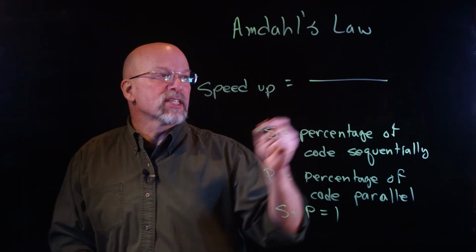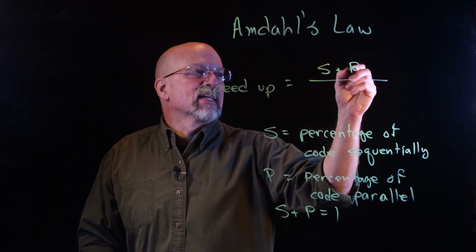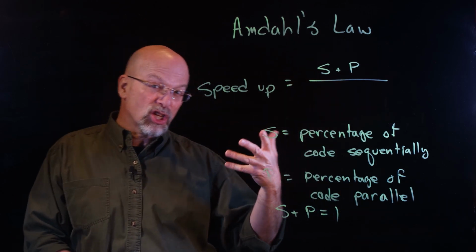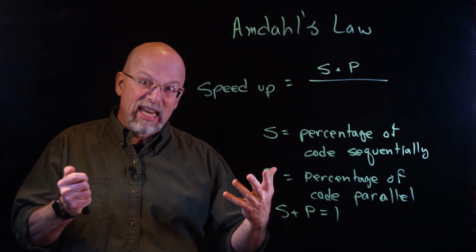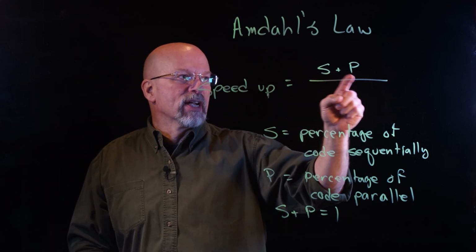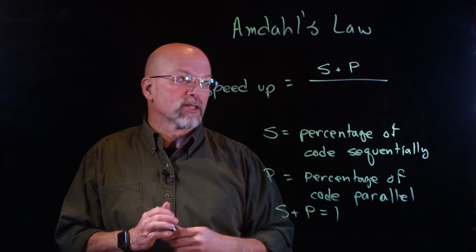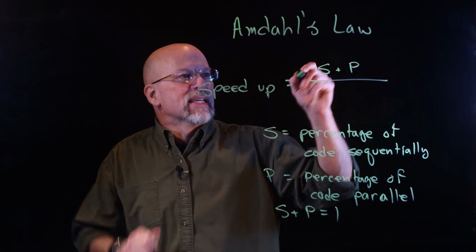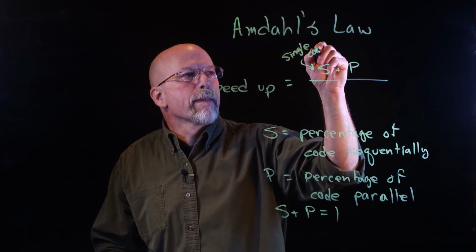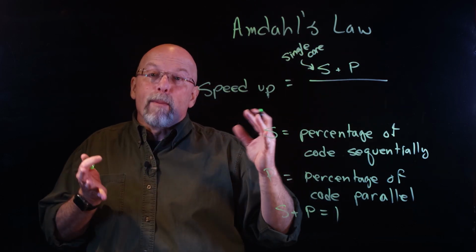So if one single processor takes S plus P, in other words, the percentage out of the 100% of our code to execute for a single core is S plus P. This is for a single core. What does it look like for parallel?